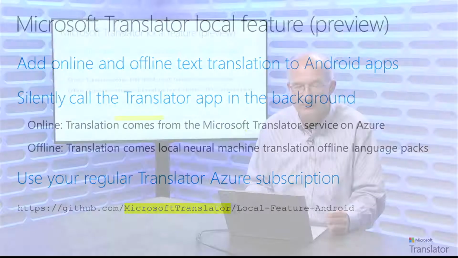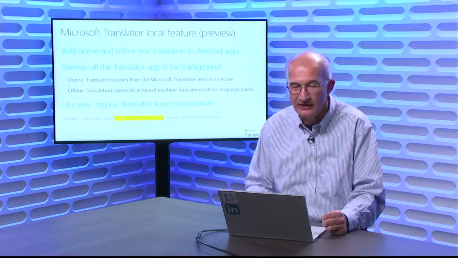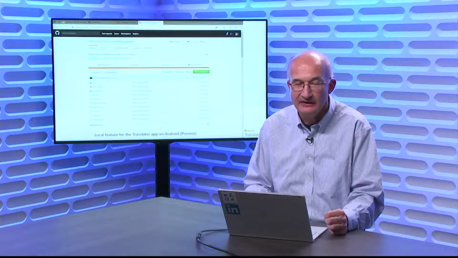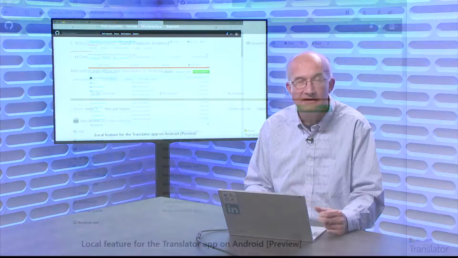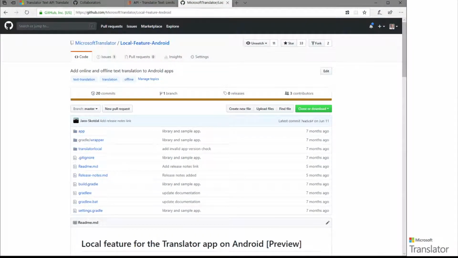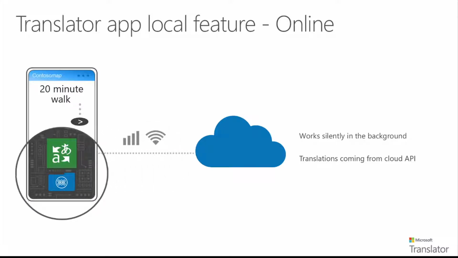It's all documented with sample code on GitHub. If you visit the Microsoft Translator section on GitHub, you find that under the local feature. Here's a view of it, what it looks like, with examples and the documentation of the functions that are offered. So again, if you are connected, the system will transparently use the online service, which offers you a superior translation over the purely local version.